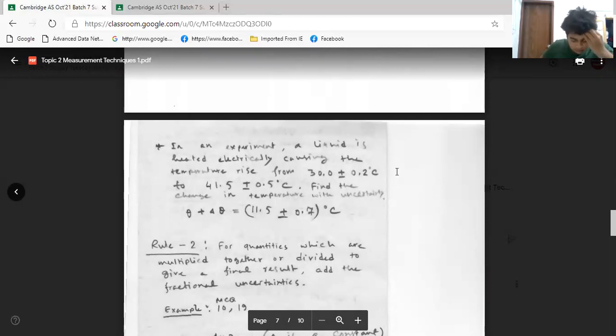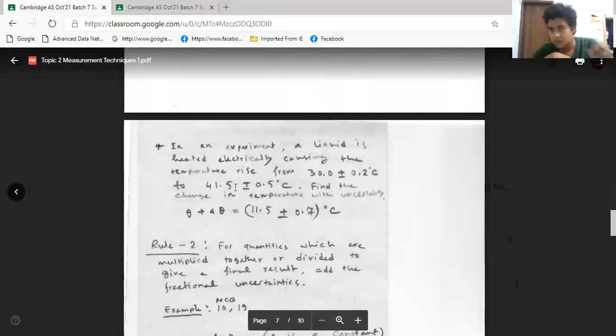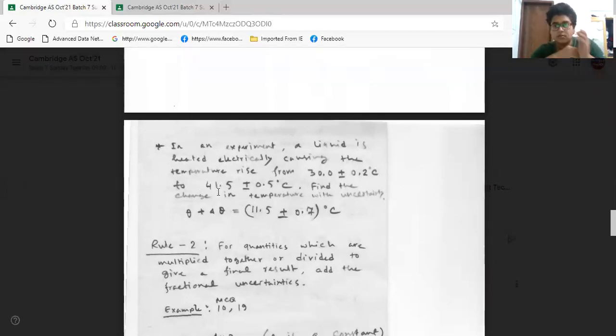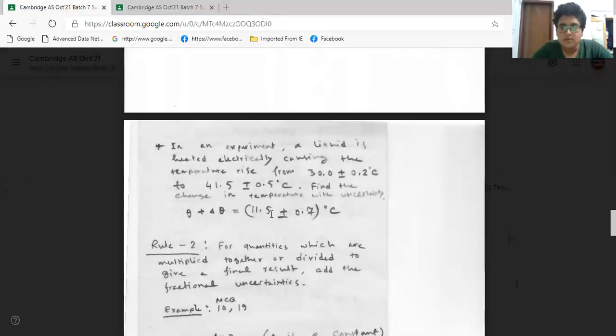In the previous one we got the addition of the current, isn't it? Now we have to subtract the temperature values, right, to get the difference between the temperatures. So now we are subtracting the measured value, 41.5 minus 30. How much is it coming? 11.5 plus minus 0.7.